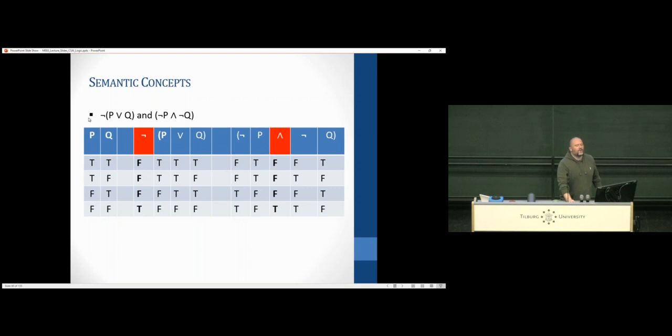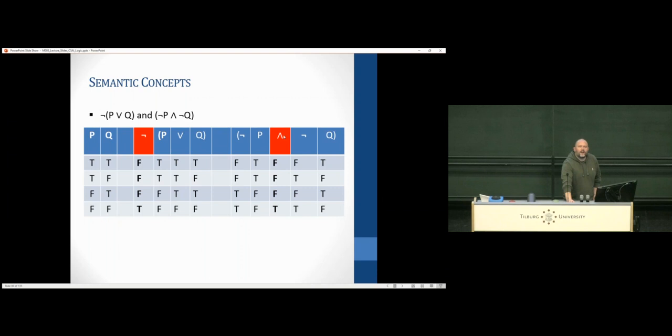What is the truth value of this sentence? The row going across, what we do, we look at the column under its main operator, and that will tell us what the truth value of that sentence is on that valuation. So, what is it? It's false, because that's the value it has.